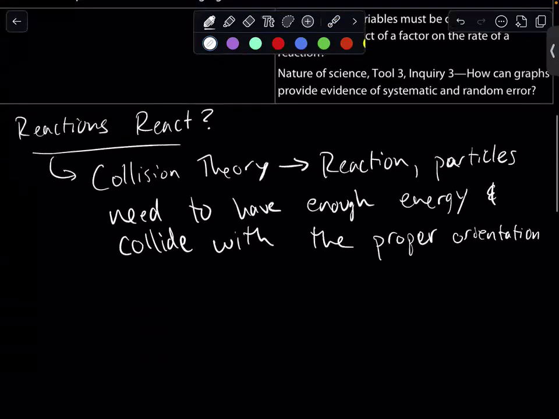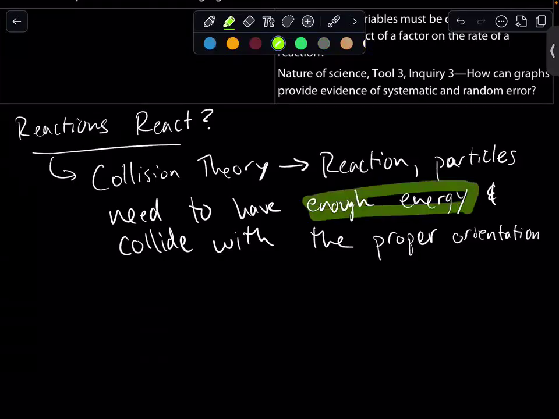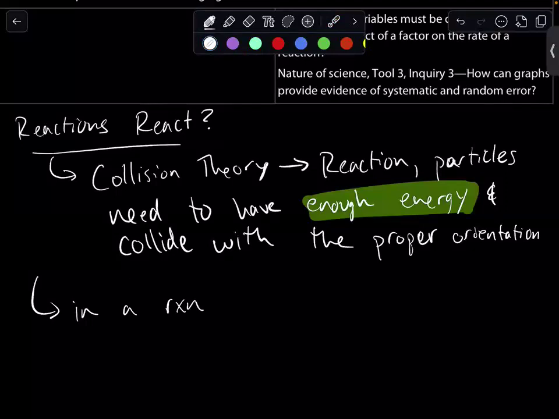So let's break those two things down real quick. Let's first start with enough energy. For enough energy, that's something that we really have to think about. In a reaction, what we really know is that bonds in reactants break.